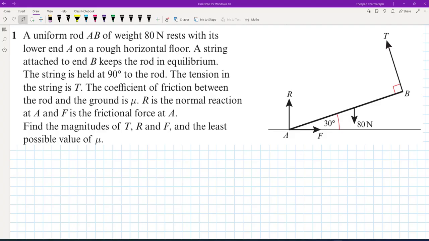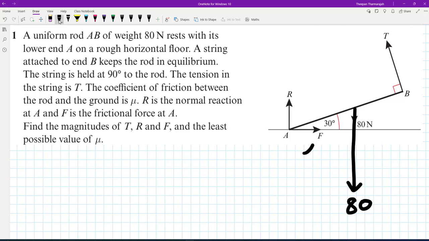Okay, welcome back. So if we take this question here, we've got a uniform rod with a weight of 80 newtons. So I'm going to elongate the weight slightly longer here, 80 newtons, like so.